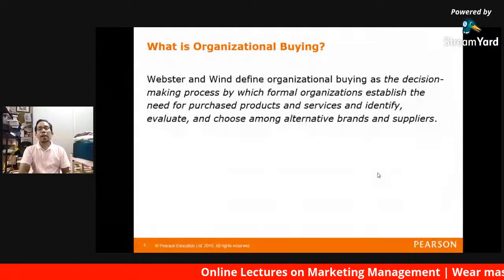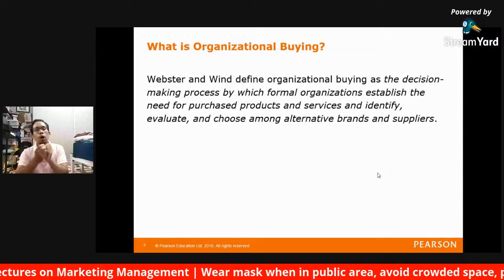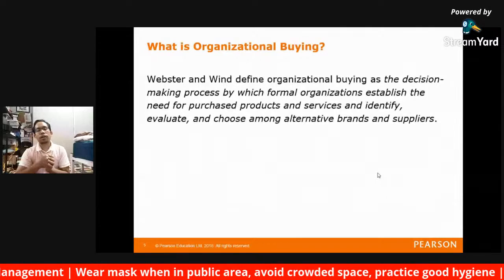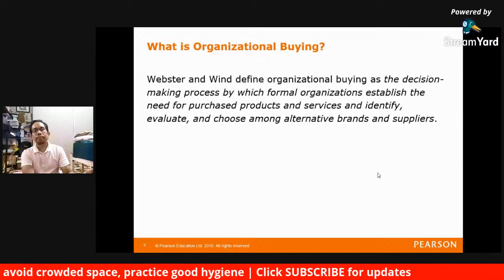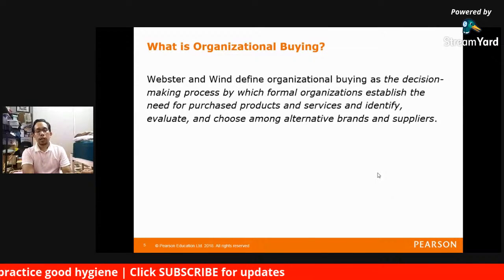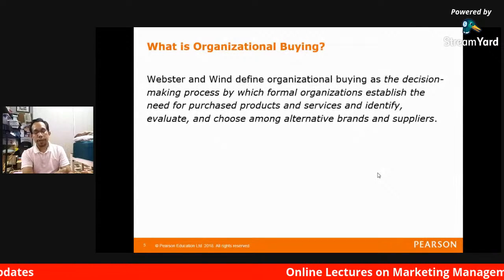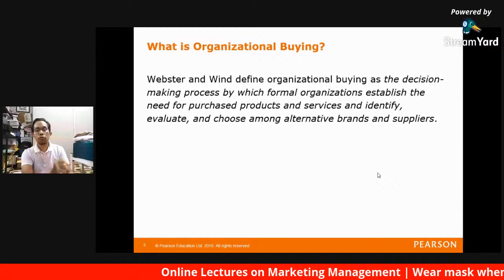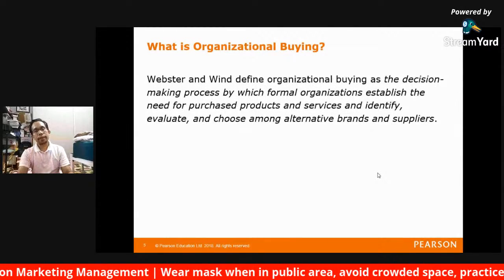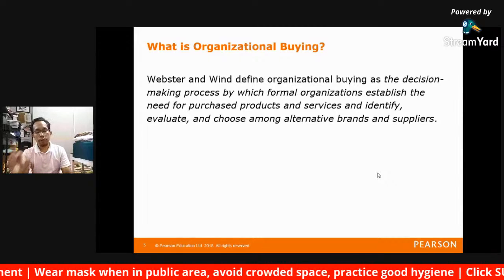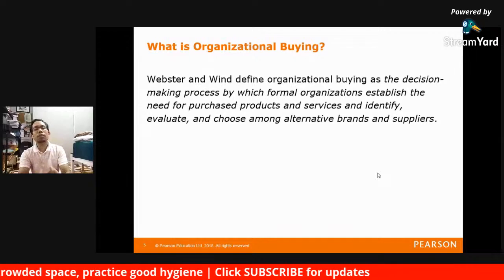So Webster and Wind said, when talking about organizational buying compared to consumer buying, it is very different, since the decision-making process does not come from one person, an individual, but from a group of people which is formally established.